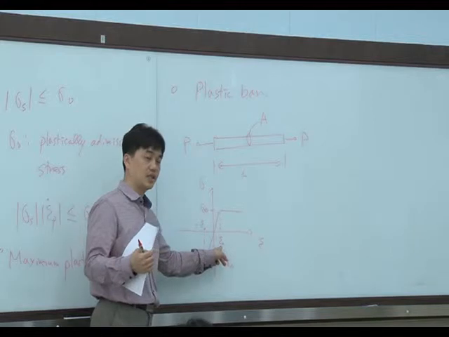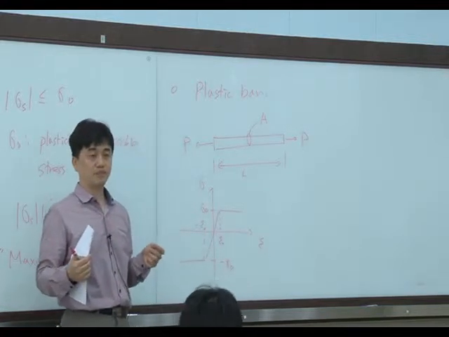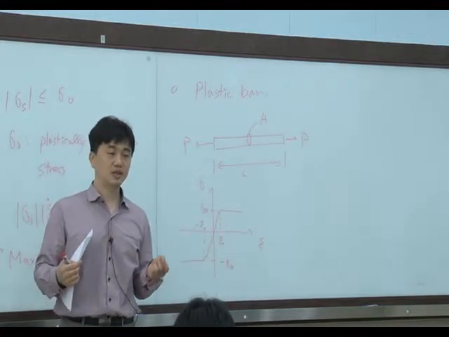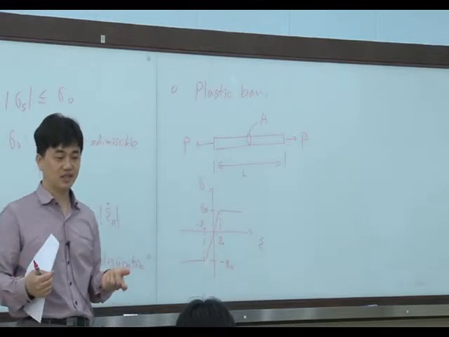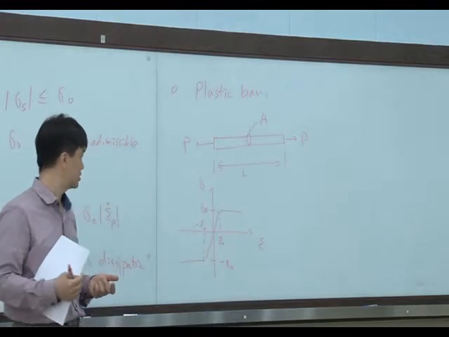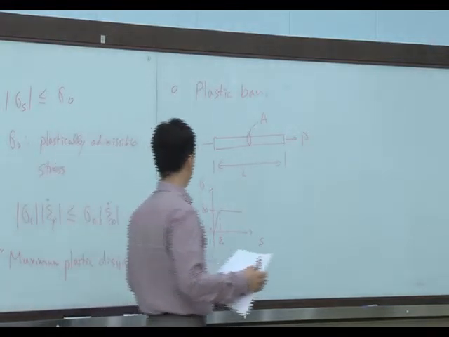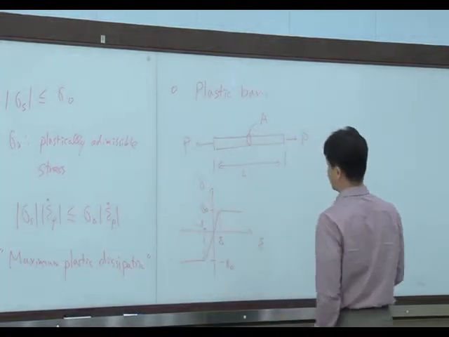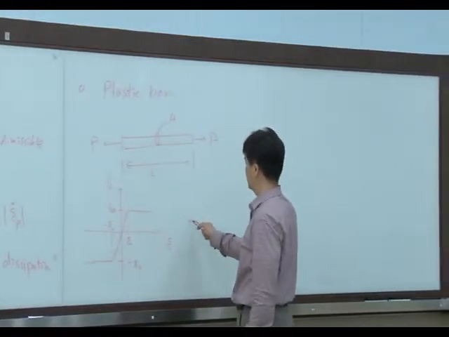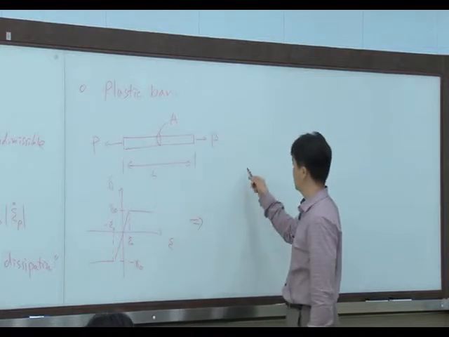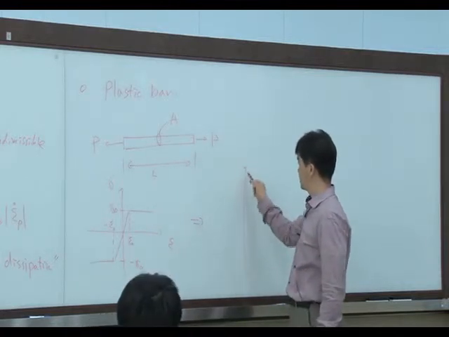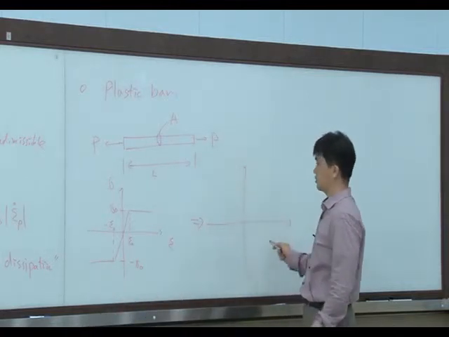So strain epsilon 0 means the maximum elastic strain, right? Maximum elastic strain. So this graph can be very easily extended for the bar.